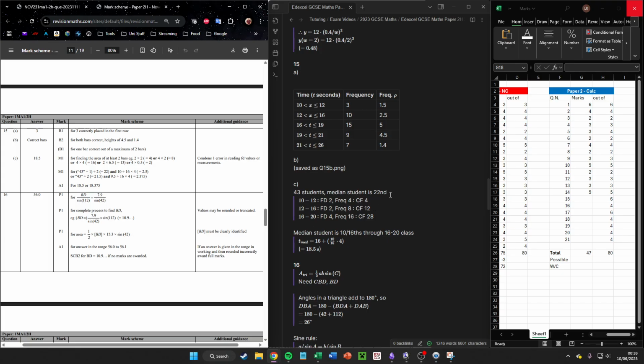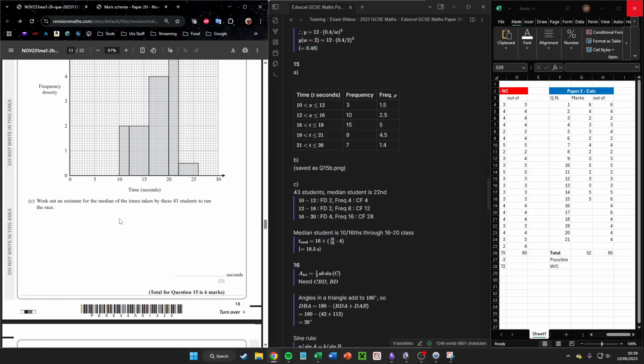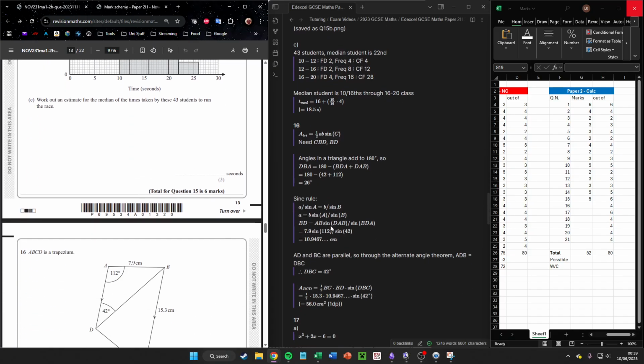Okay, so I didn't actually explicitly state how you would calculate the position of the median amongst the data set. I just sort of stated it. And so, yeah, I've lost that mark there because I didn't do this left-hand side. And then to get the correct answer, so that's going to be whatever the total for 15 is, subtract 1. So 5. Okay. Work out an estimate for the median. Oh, sorry, this is still question 15, isn't it?